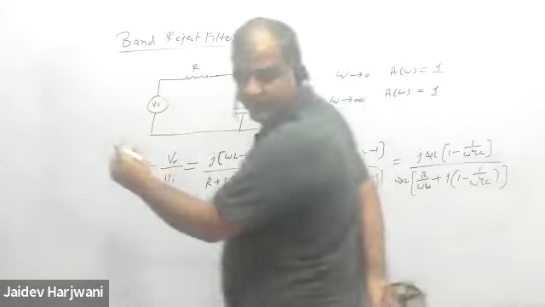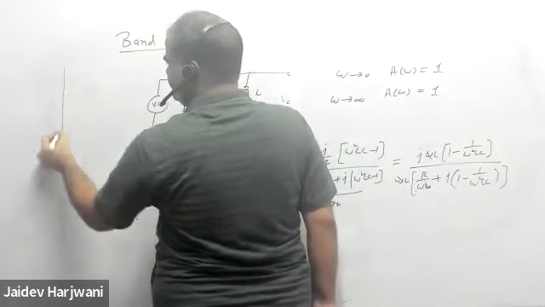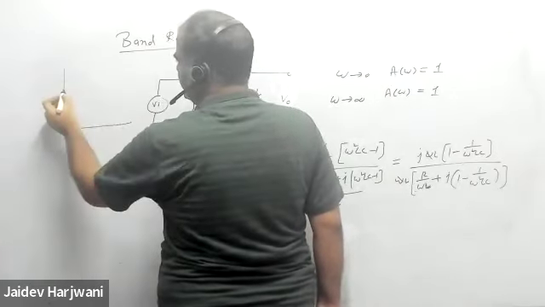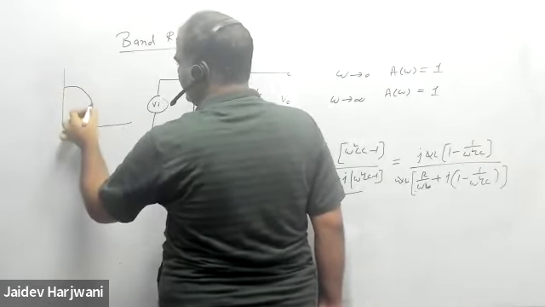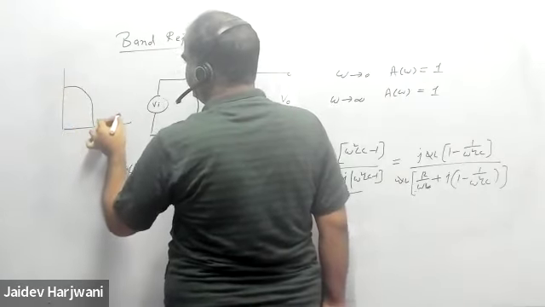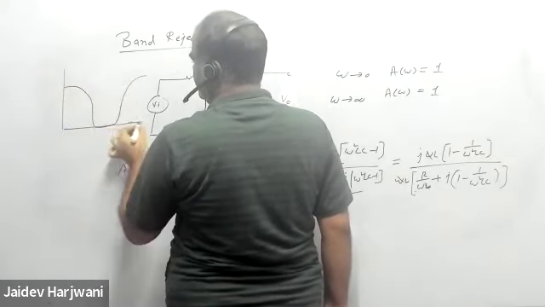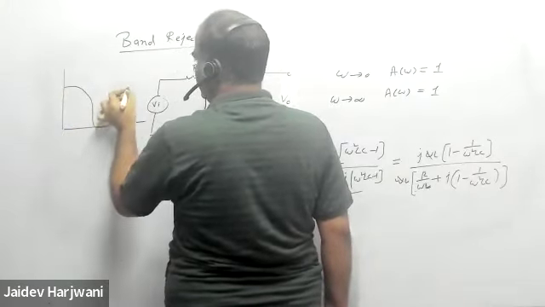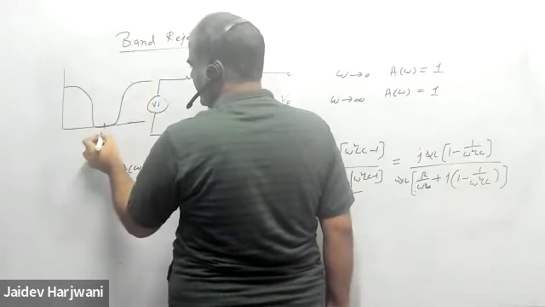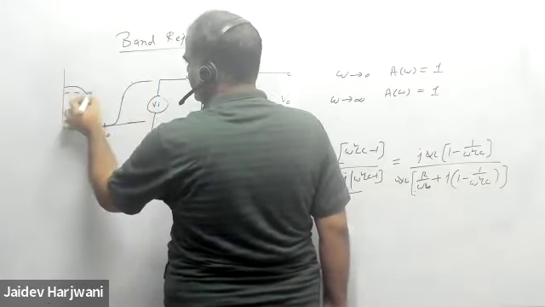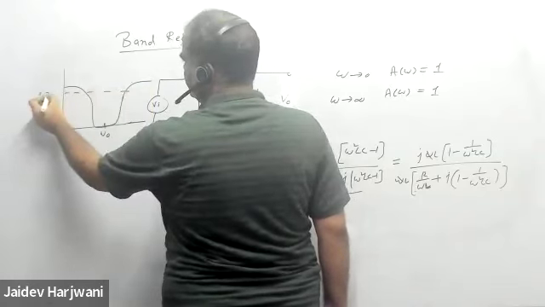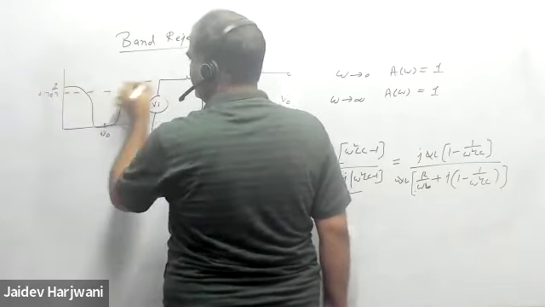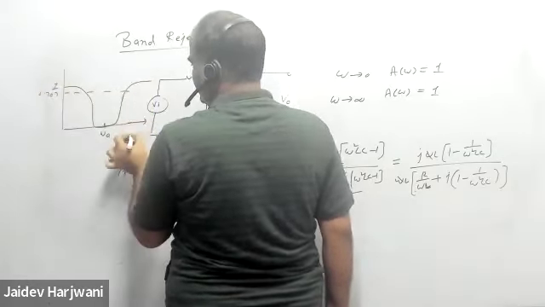If I plot this graph, it is 0 only at omega naught. Okay, here 0.707, this is 1, at other frequencies it is 1.